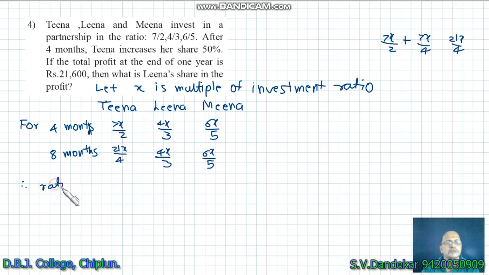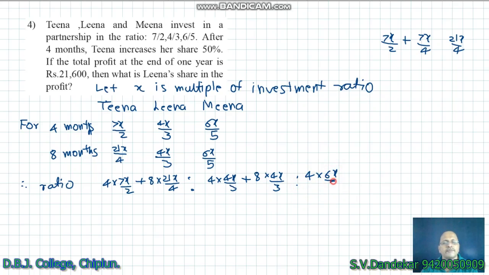Therefore the ratio is, add this, multiply by 4. So 4 into 7x by 2 plus 8 into 21x by 4 is to 4 into 4x by 3 plus 8 into 4x by 3 is to 4 into 6x by 5 plus 8 into 6x by 5.